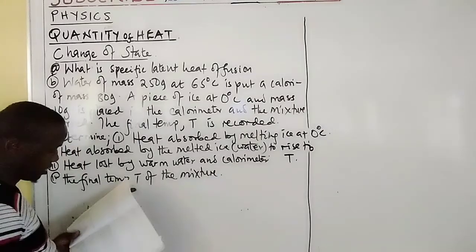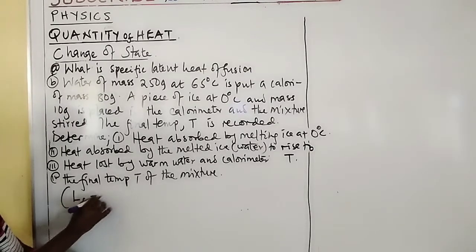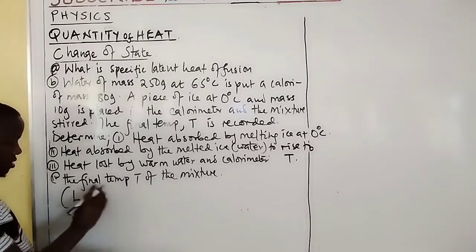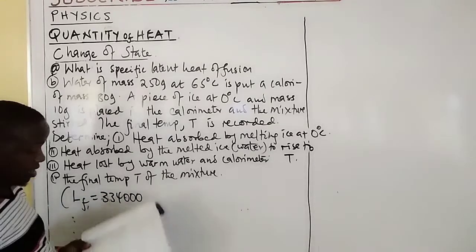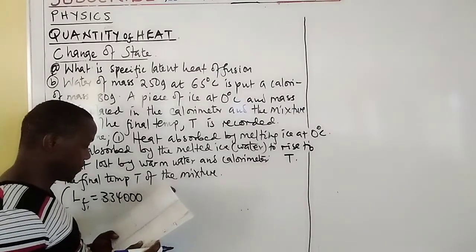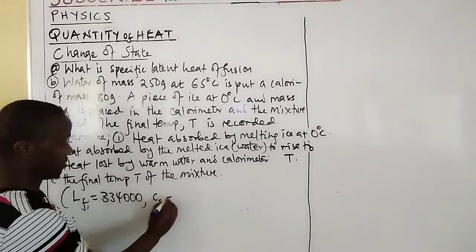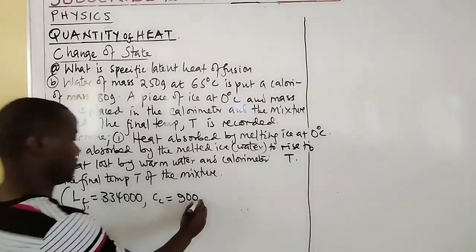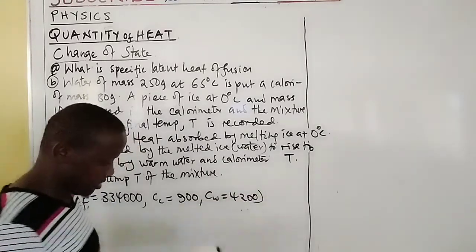Then we're told to take the specific latent heat of fusion of ice to be 334,000. Then the specific heat capacity of water is 4200. The heat capacity of the copper calorimeter is 900. For water, we know it's 4200. It's been used several times.